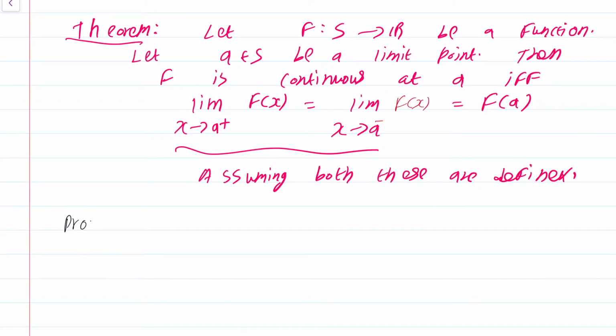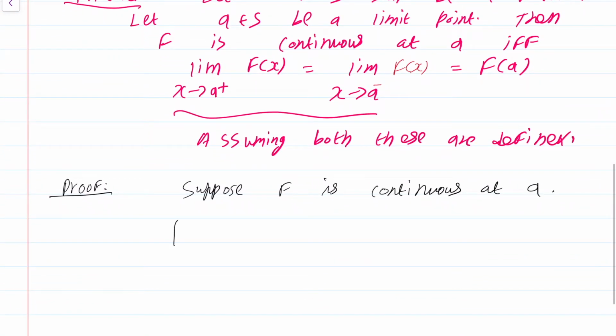Proof. Suppose f is continuous at a. Then what this says is, fix epsilon greater than 0.